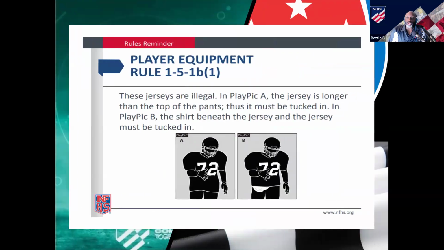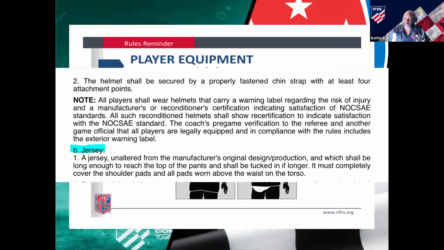Here we go. These jerseys are illegal. Play pick A: the jersey is longer than the top of the pants, thus it must be tucked in. And play pick B: the shirt beneath the jersey must be tucked in. All right.